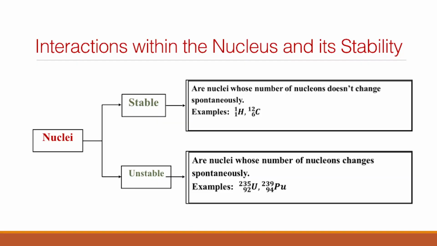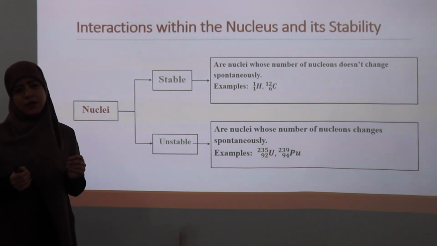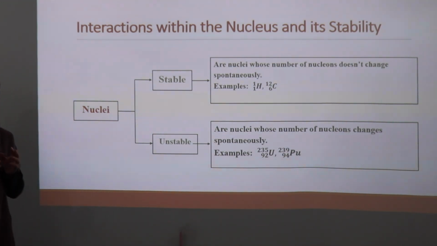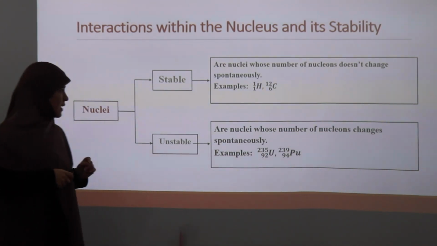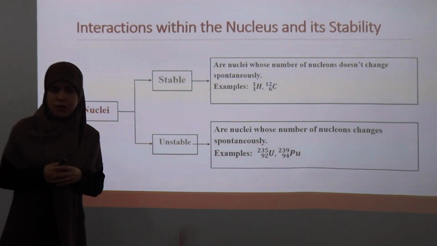In this slide, we'll talk about interaction within the nucleus and its stability. Nuclei are classified into two types, stable nuclei and unstable nuclei. Stable nuclei are those where the number of nucleons is stable and doesn't change. Example, hydrogen and carbon are stable nuclei.